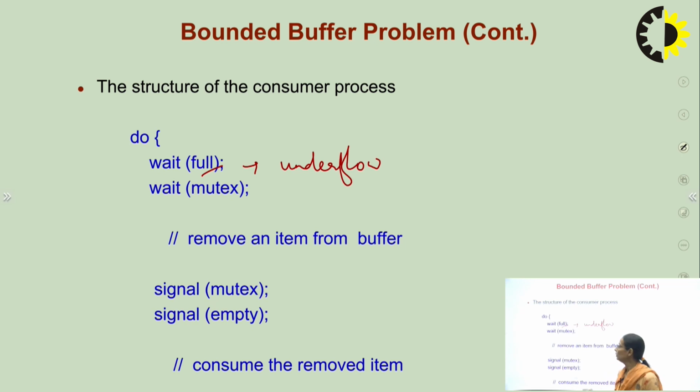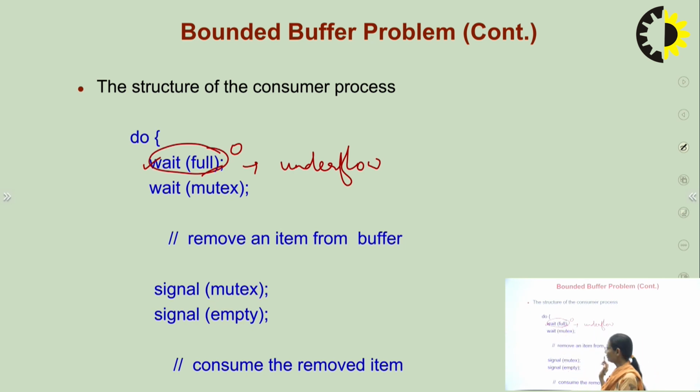Now at that time, what is the value of full? It is initialized to 0. There is no item in your buffer. Since we had applied the wait operation, this consumer process will be stuck in this wait operation and it will not move further.